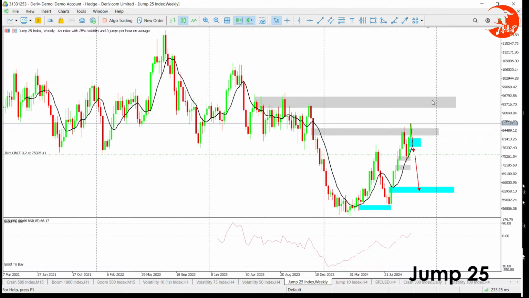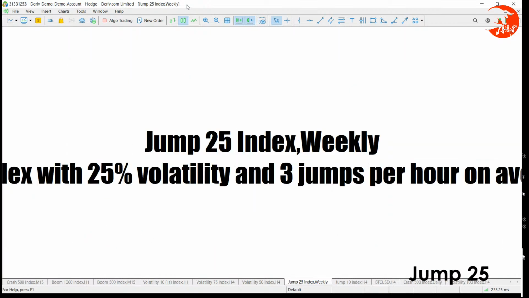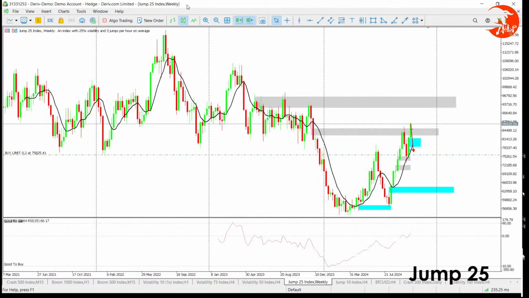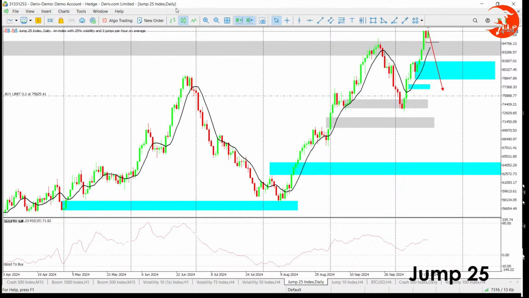So if it has not closed, then we know that, wait a minute, according to weekly that was a fair value gap, so it's holding on. That is the second time reaching it, so it's holding. It is now a strong resistance level.